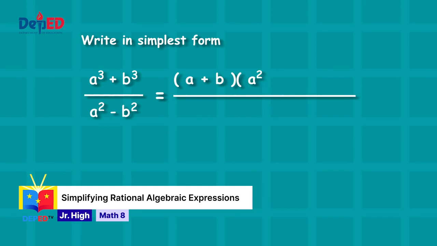This should be opposite the sign of the binomial factor. Hence, it is a minus. Then, the product of the terms, a times b, is ab. The last sign is always positive or a plus sign. And the last term of the trinomial is b squared.